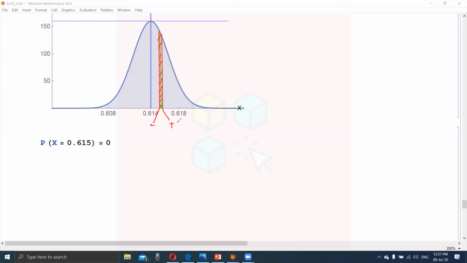So this is our continuity correction, 0.0005. This continuity correction would be added in the given point, and the same continuity correction is subtracted at this point. The central point is 0.615.